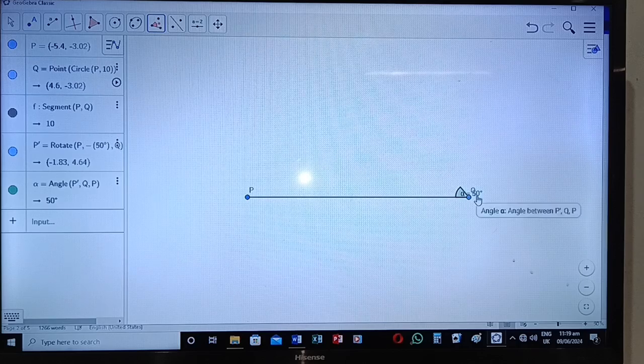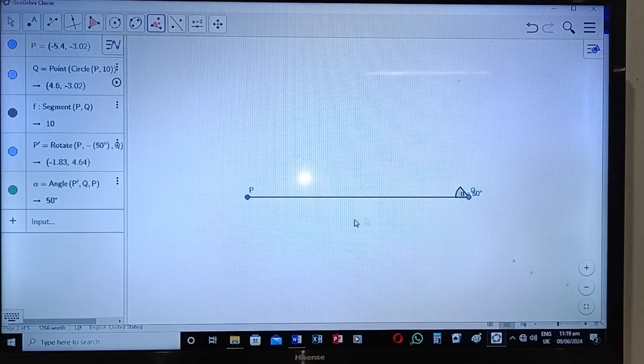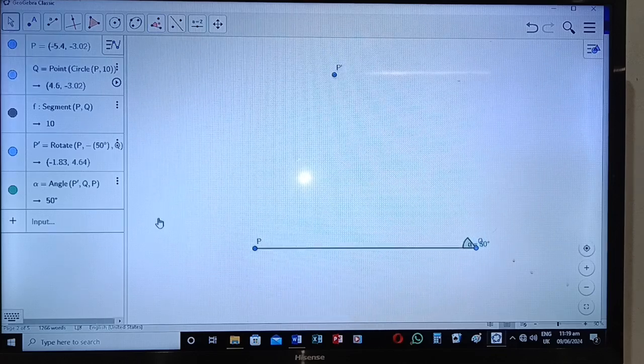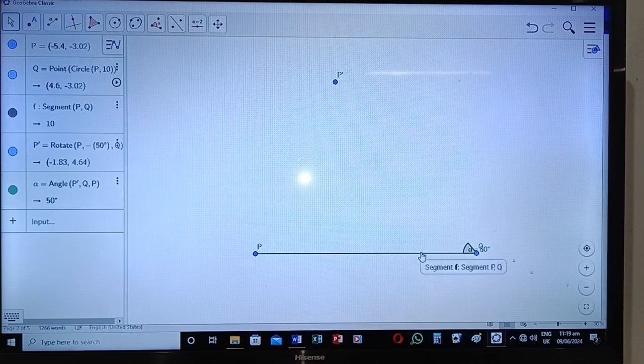So you can see our angle of 50 degrees has been drawn, and you can see there is that other arm where the other arm is supposed to pass through.